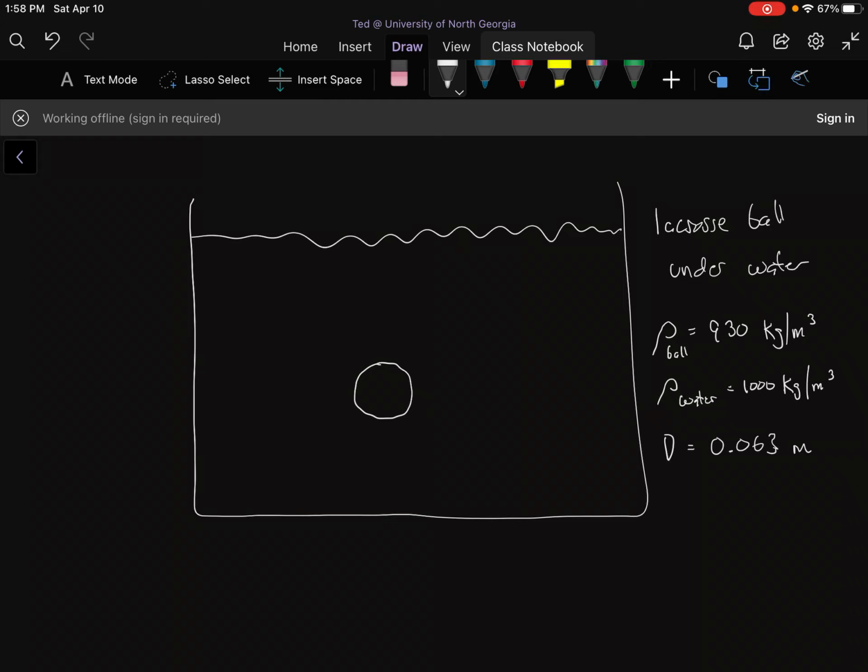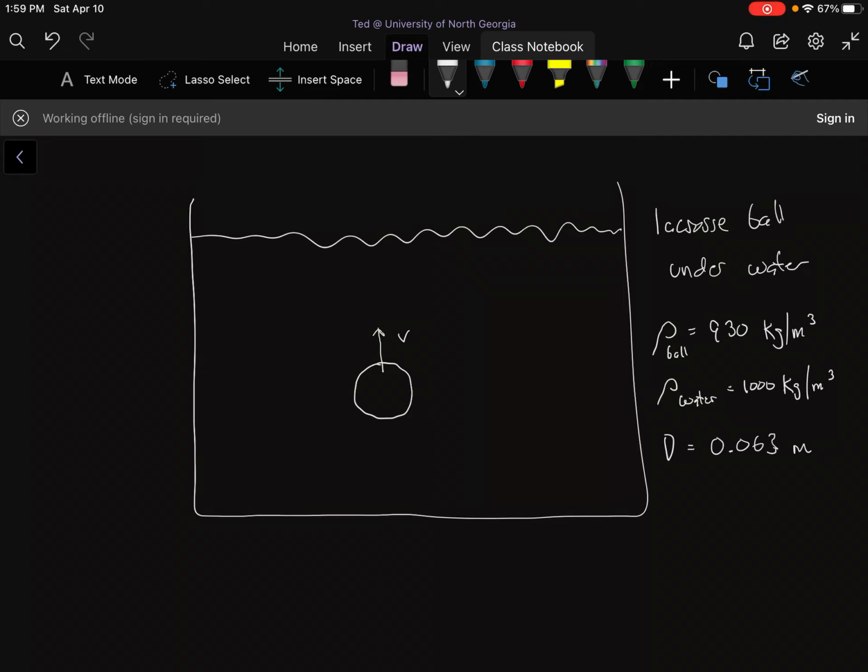Okay? And actually, what I want to find is how fast will this ball be moving up through the water when I let go? So when I let go, it's going to start moving upward, and very quickly it's going to reach terminal velocity.